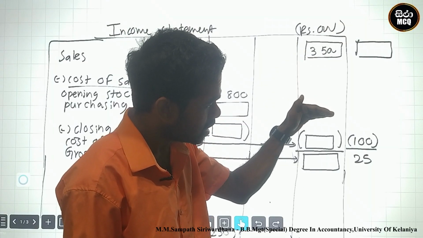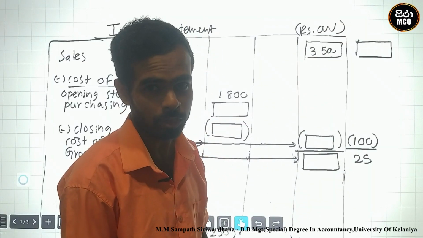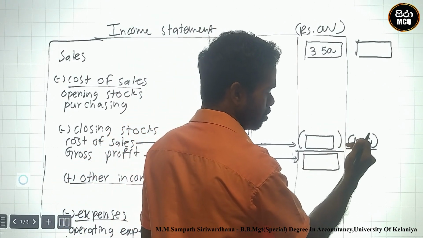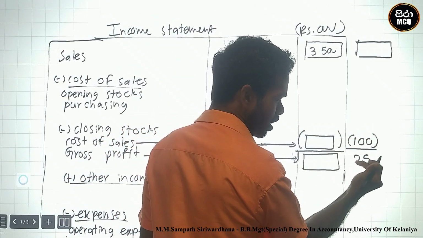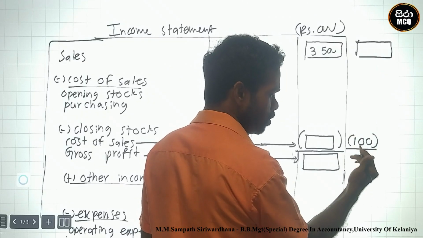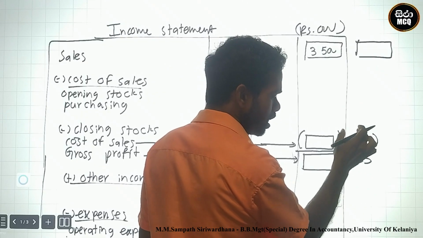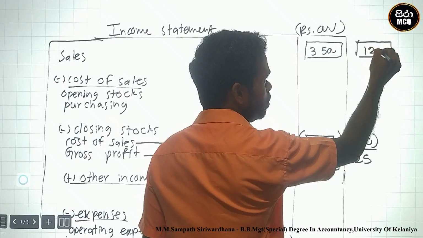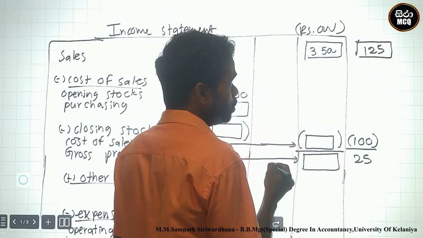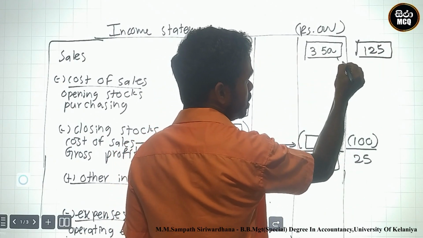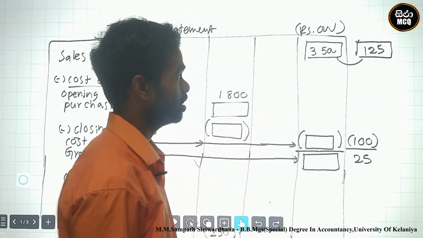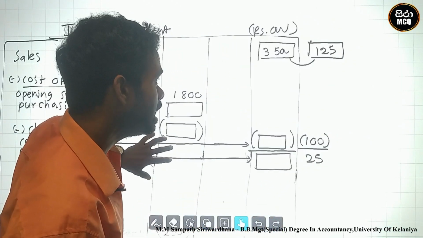After deducting 100 we get 25. Before deducting 100, what is the answer? 125. Okay, 125 is 3500. Therefore I can link it.